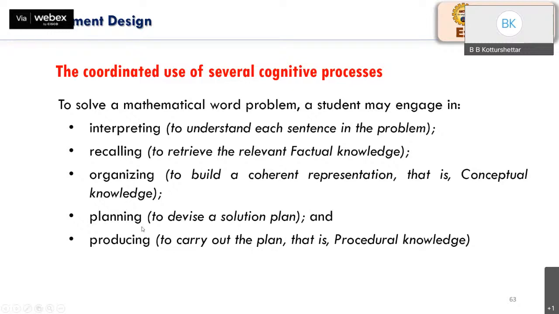So I am testing the student for planning, but when I am doing so, I am taking care of other levels as well. That is the meaning. Interpreting, recalling, organizing, planning, producing. All these abilities are required for a student to answer or solve a mathematical problem. But I will always be mapping the question for the highest level.